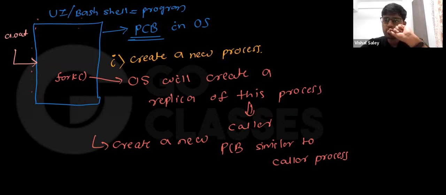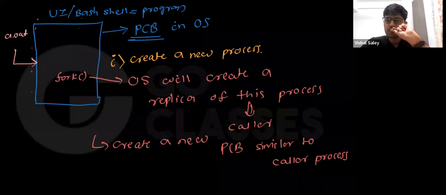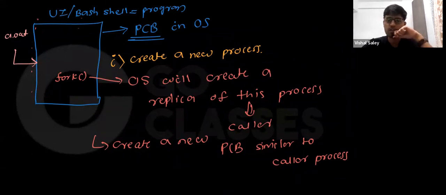So the question is, who is calling fork, UI or a.out? You initiated the request for a.out to the UI, and on your behalf, the UI is calling the fork system call. So you asked UI to run a.out, and then UI is calling fork to create a new process.